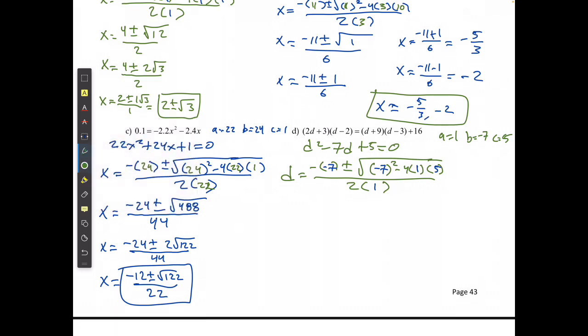And this is going to give me D is equal to 7 plus or minus the square root of 29 over 2. In this case, I can't simplify the square root of 29, so I'm done.